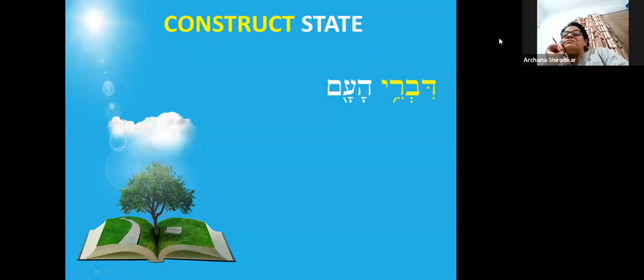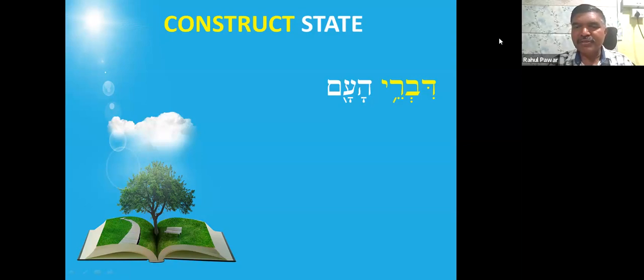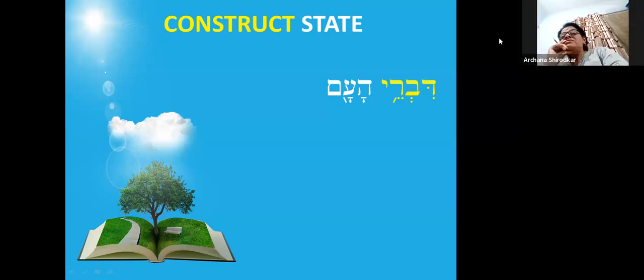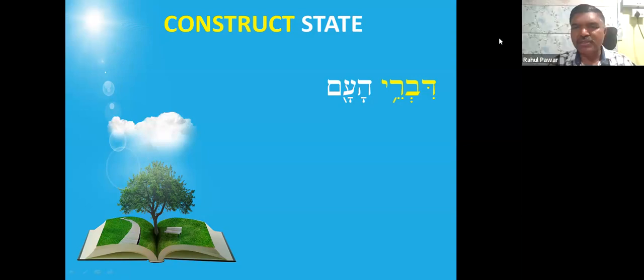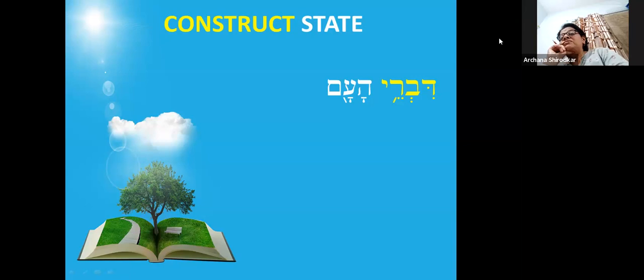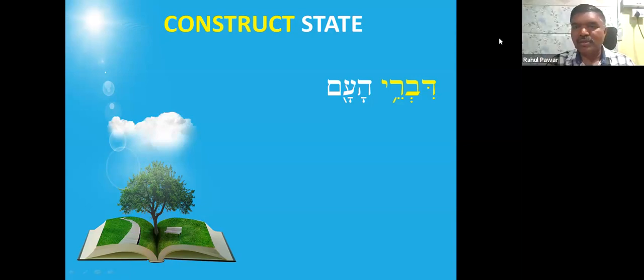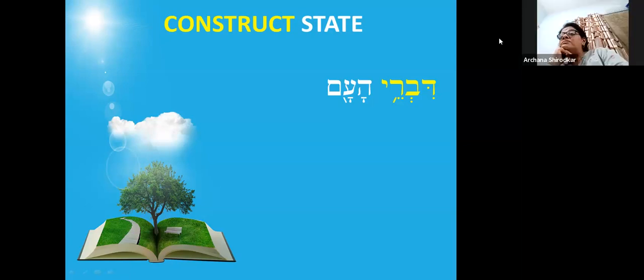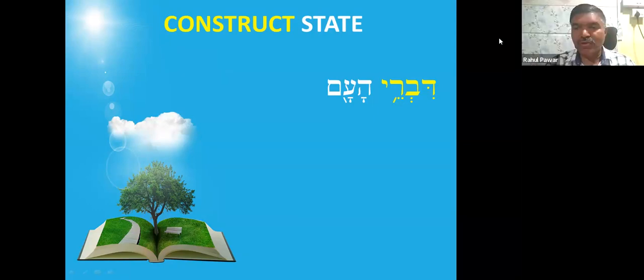You know, Devarim is a masculine plural noun, that is words. But we cannot put Devarim Ha'am here. That's not the way in Hebrew. In Hebrew, the last part, Hirek, Yod, and final Mem, completely vanishes, and it is replaced by Tsere. So the word over here is Divre Ha'am.